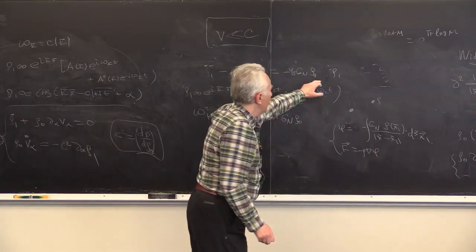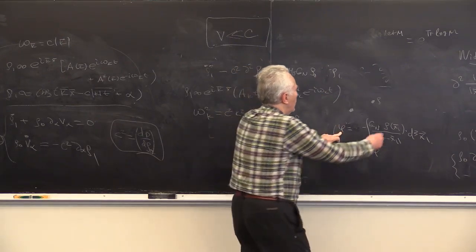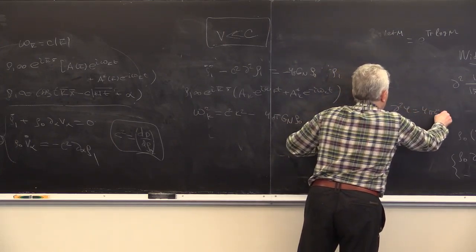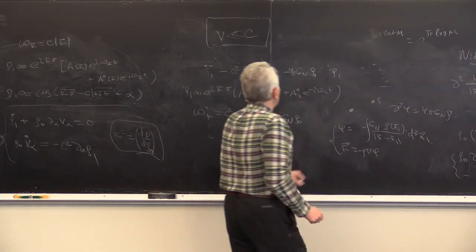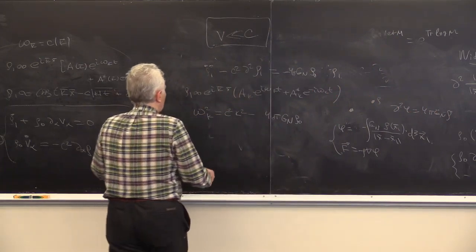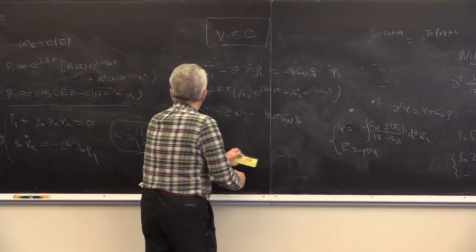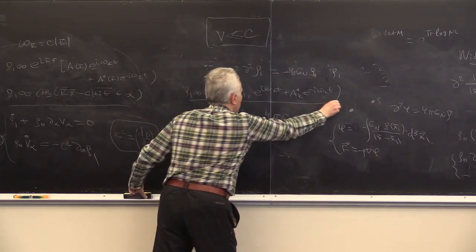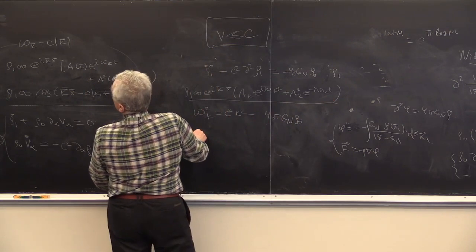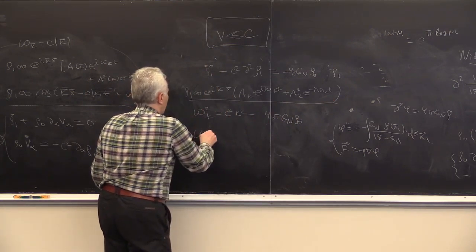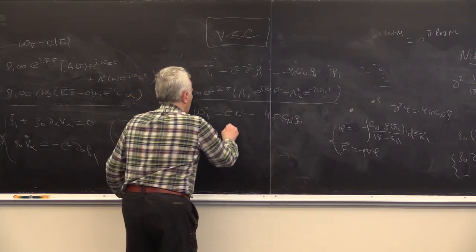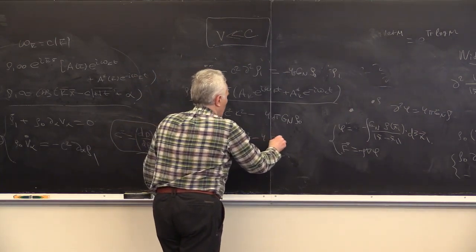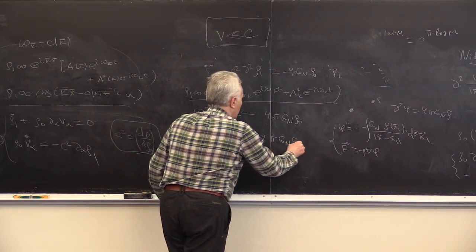I made a mistake. Laplacian of phi is 4 pi G n rho. And we get this formula, with omega of k equal to the square root of c squared k squared minus 4 pi G n rho 0.